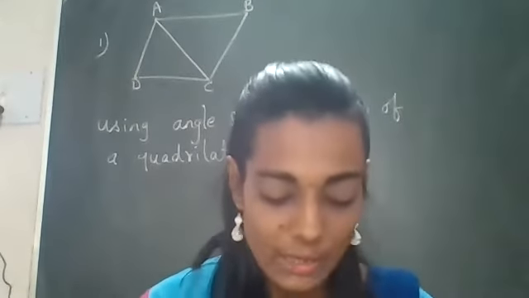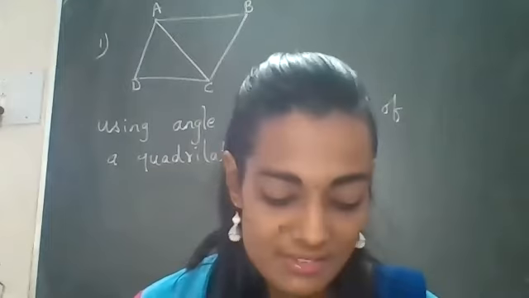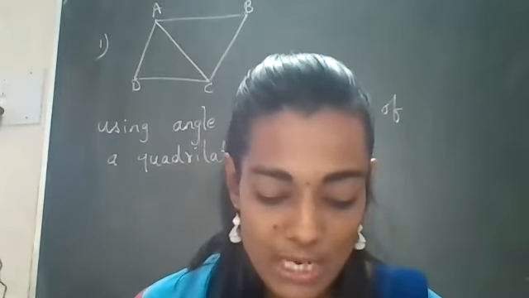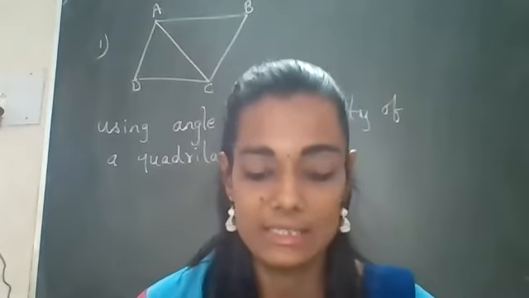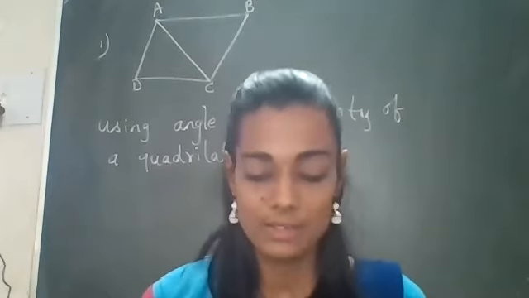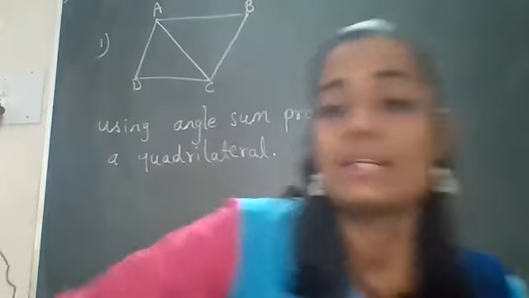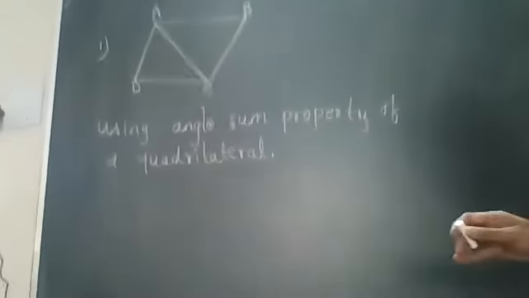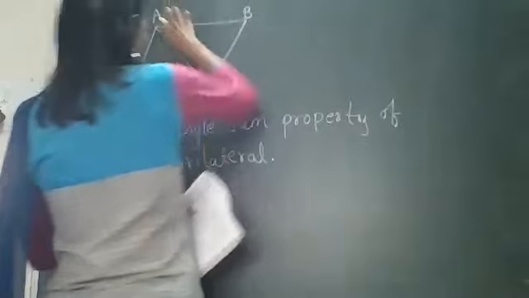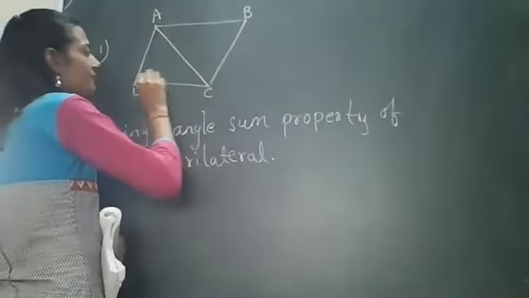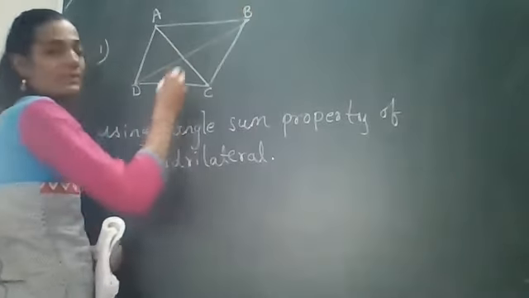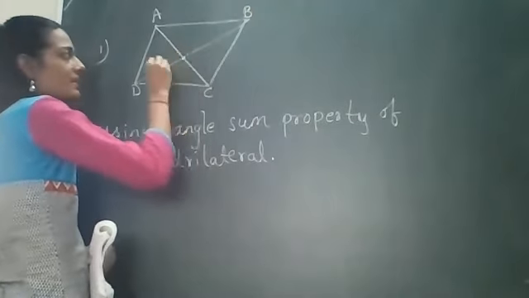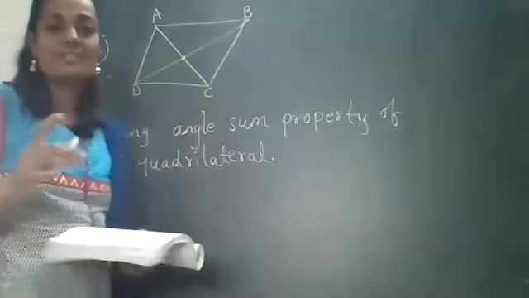Now theorem 8.6: the diagonals of a parallelogram bisect each other. Diagonals of the parallelogram means what? This is one diagonal and this is the second diagonal. These bisect each other. Bisect means what?